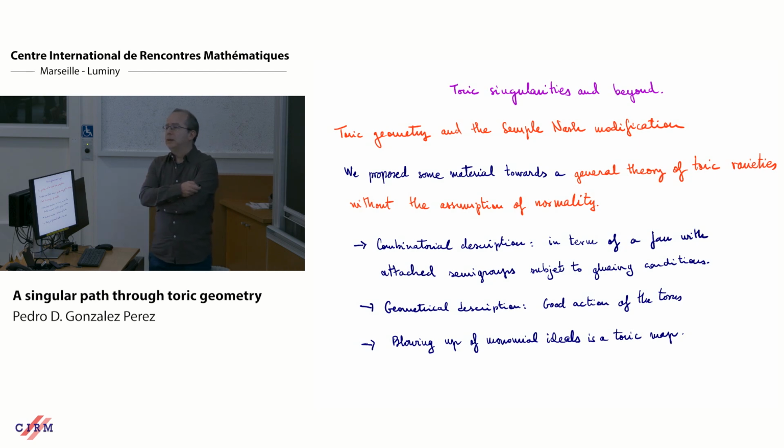The fact is that toric varieties without the assumption of normality have been used a long time ago as semigroup algebras, no? But taking the coordinate rings are the semigroup algebras of semigroups of finite type.